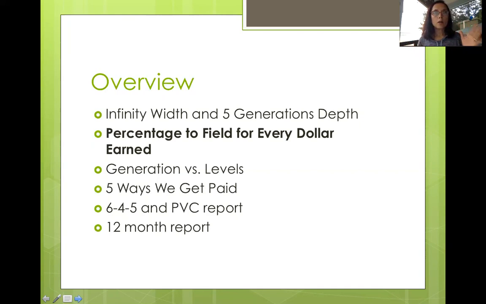Some of the older companies that have been around, like Herbalife, are more like 30-something cents on the dollar. Our company has consistently been like 45 cents on the dollar at least. You might even argue closer to 50 if you look at the money that they throw back out to support things like corporate speakers and boot camps and other speakers, so other expenses that they take on for us.